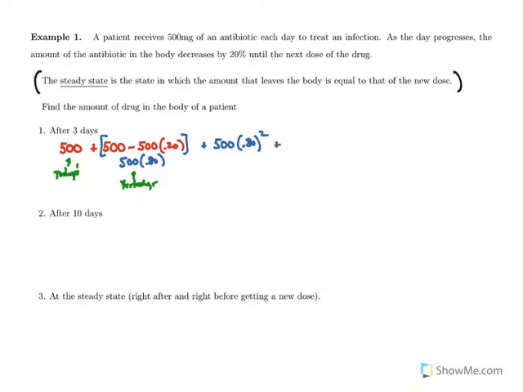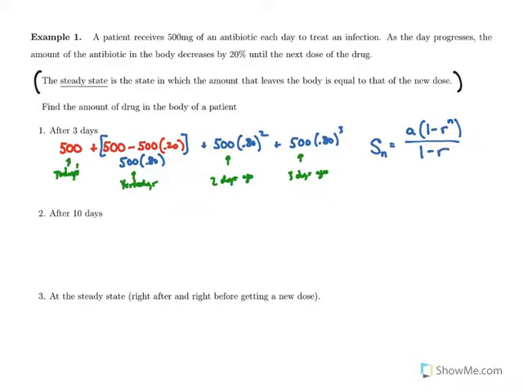And if we're thinking about 3 days, we need one more term here, to the third power. That is 2 days ago. And this is the one from 3 days ago. So in total, this is a finite geometric series with S sub n equal to a times 1 minus r to the n over 1 minus r.